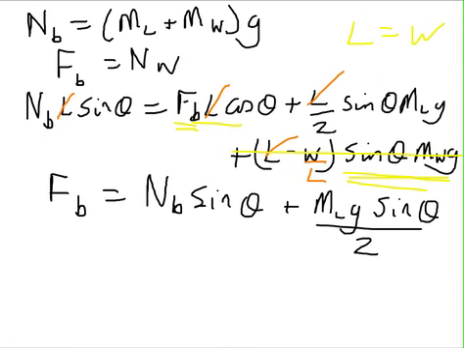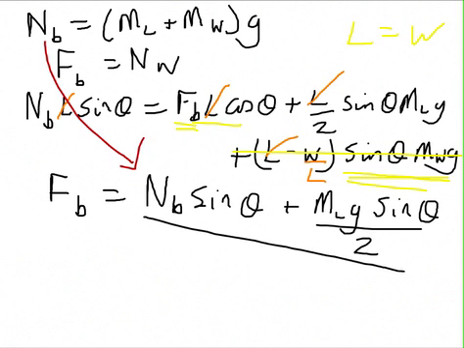But we already know what NB is. So let's substitute that in. Oh, so it should all be divided by cos theta.